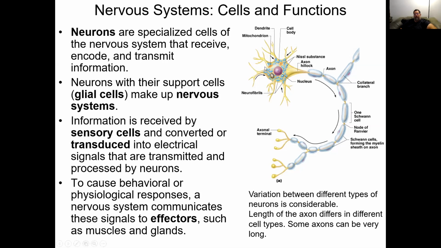Inside the cell body, you'll see that there's a huge nucleus, and inside the nucleus, this little purple spot is called the nucleolus. The nucleolus is where ribosomes are made, and ribosomes are made up of RNA and help make proteins. Like the muscle cells, nerve cells need to make a lot of proteins, and so they have a big nucleus.